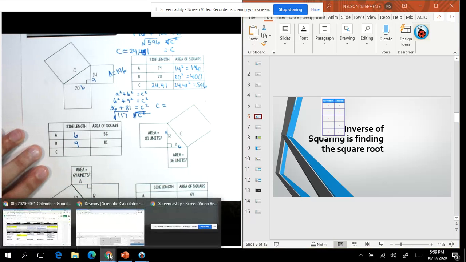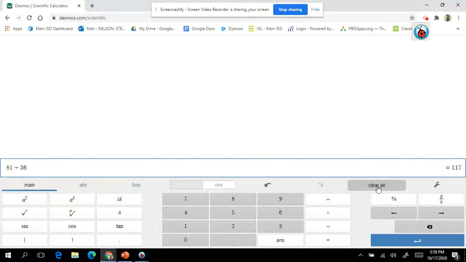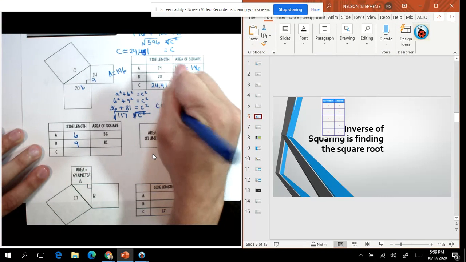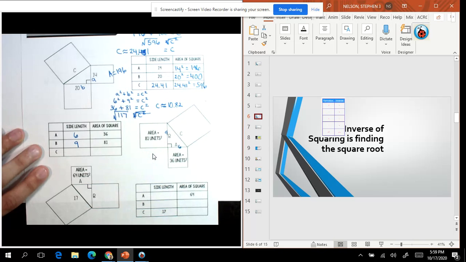So let's go ahead and go back to Desmos now. Here's the root symbol, 117, and you should get roughly 10.82. So we're going to write that in. C is approximately 10.82. I'm just going to check my work. Yeah, 10.82.